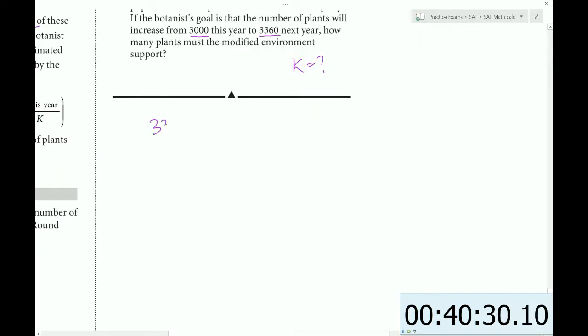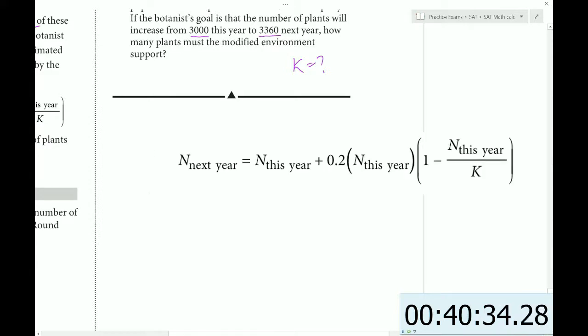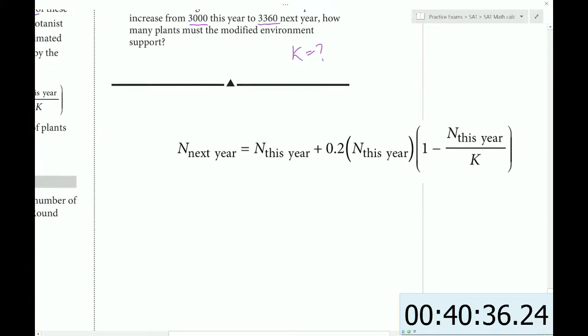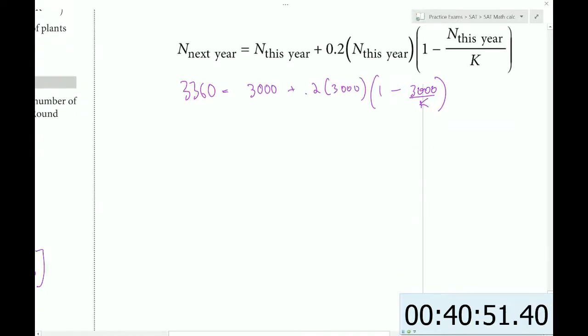If we just grab our formula from before, we're putting in 3,360 next year. And this year is going to be, again, 3,000. 0.2 times 3,000. And 1 minus 3,000 over unknown value K. So this time we're going to be solving for K.